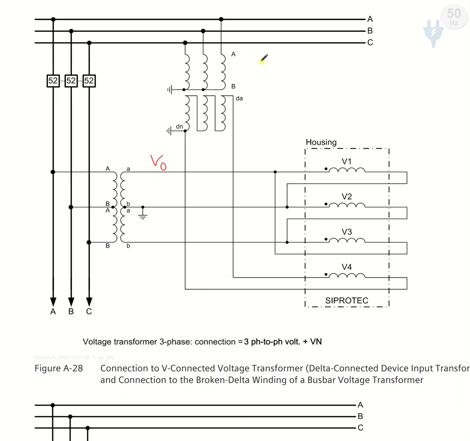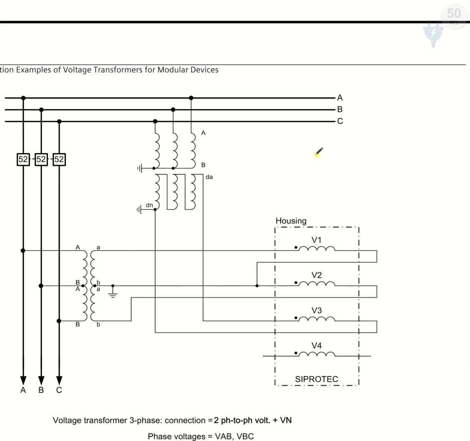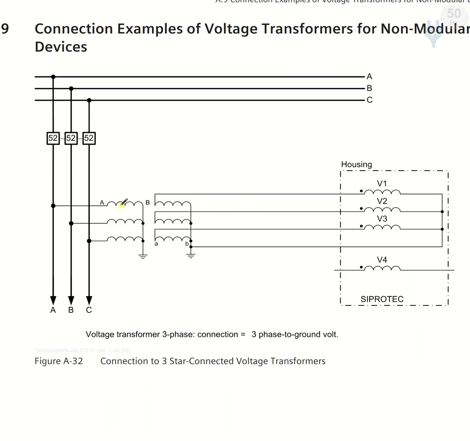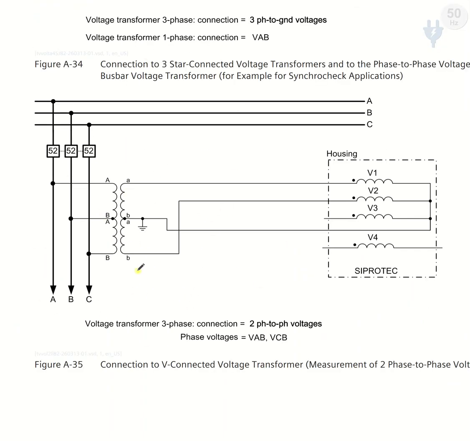We should find V of the phases divided by Vn. Again, in this type of example, this is true according to broken delta, but here the connection is different. In this type of connection, we don't even have Vn to calculate V0 from that Vn. And for the next example too, same for this type of example, we don't have Vn.